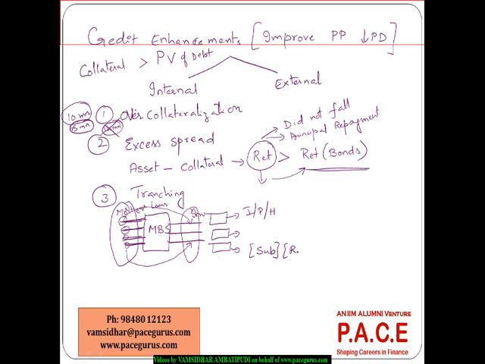Their risk of default is very high, whereas here it is moderate, because the payment to these parties will be defaulted only after the entire amount is defaulted for this group.